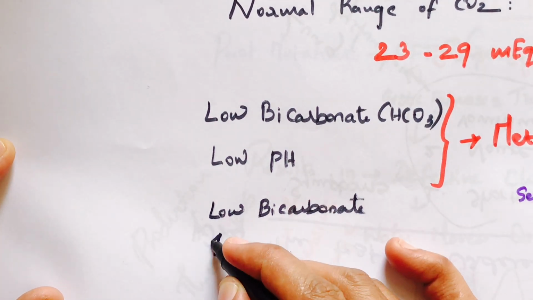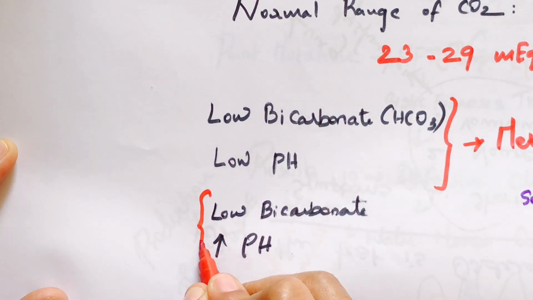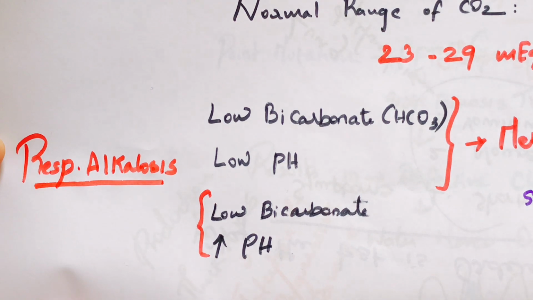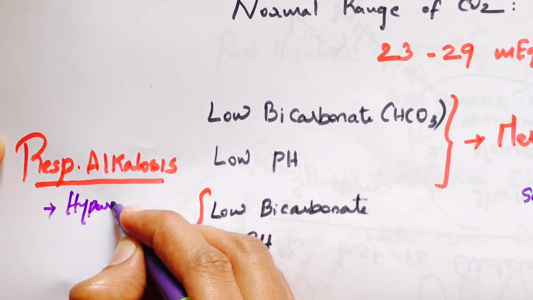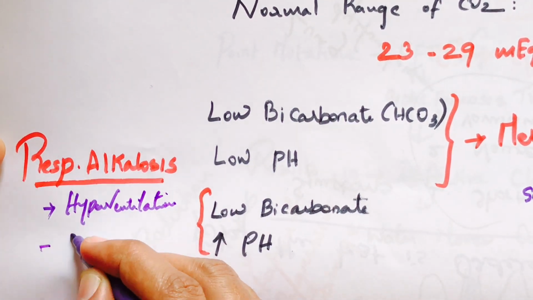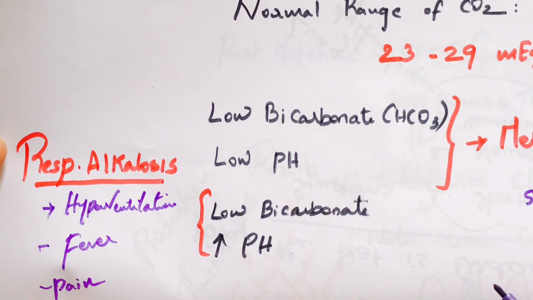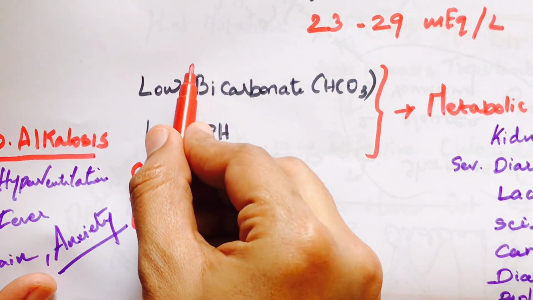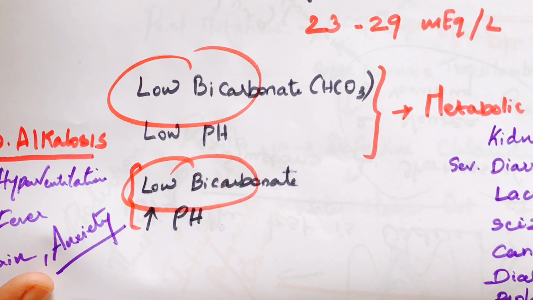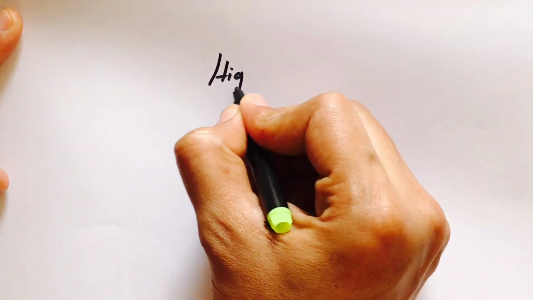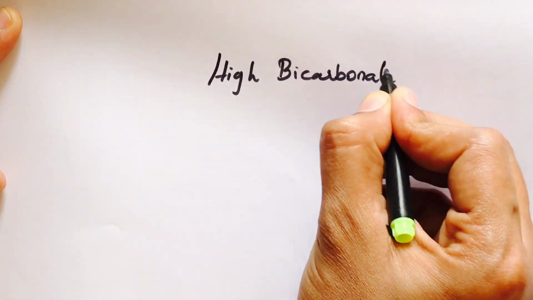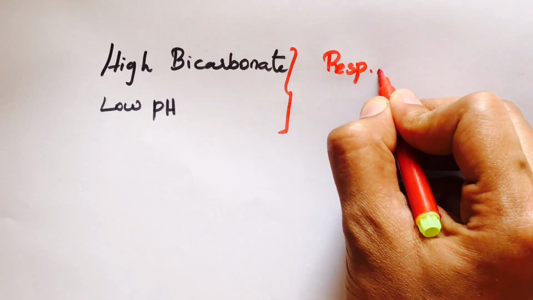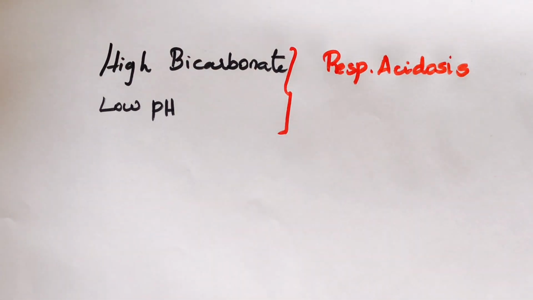And when there is low bicarbonate but high pH, the condition is respiratory alkalosis. The causes of respiratory alkalosis are hyperventilation, fever, pain, and anxiety. So these are the two main conditions with low bicarbonate level. And here the bicarbonate level is high with low pH, and the condition is respiratory acidosis.